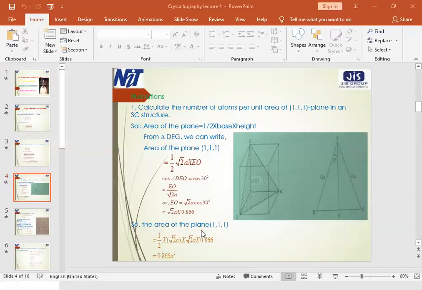So the area of the plane will be what? Half into base. Base is root 2a and height we have calculated as root 2a into 0.866. Because of that, the area of the plane will be 0.866 a square.